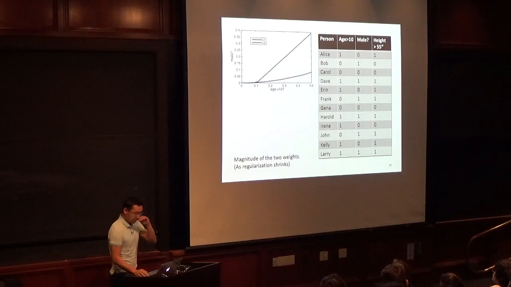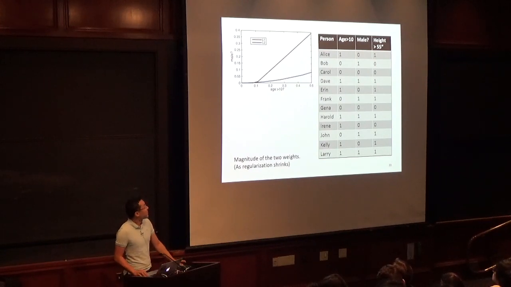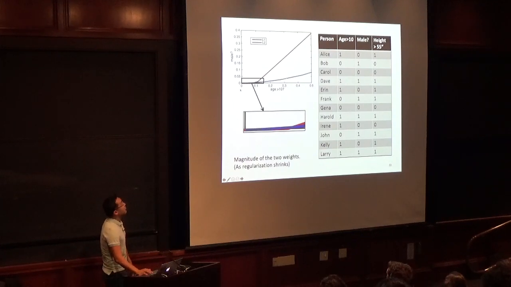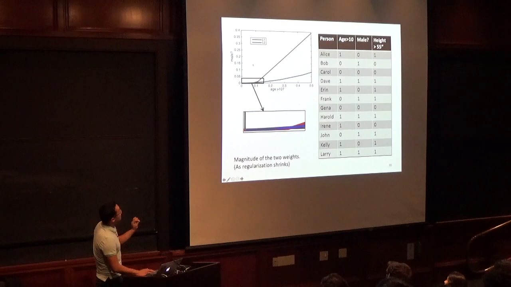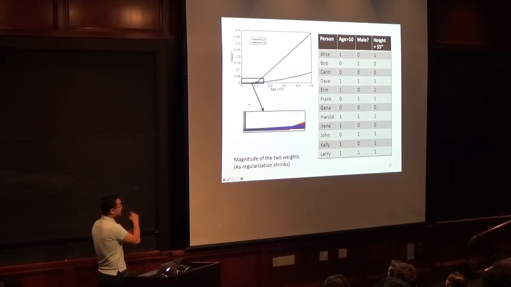Okay, so this is the same toy example that we had before, and now we're looking at the effects of L1 versus L2 regularization. I'm just going to zoom in on the part down here. This is actually a plot of the two dimensions corresponding to the first feature and the second feature as a function of lambda changes.